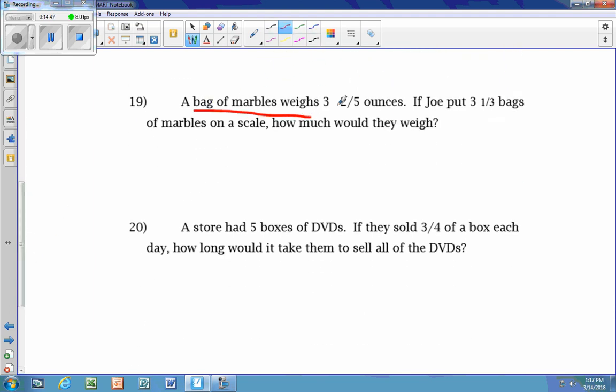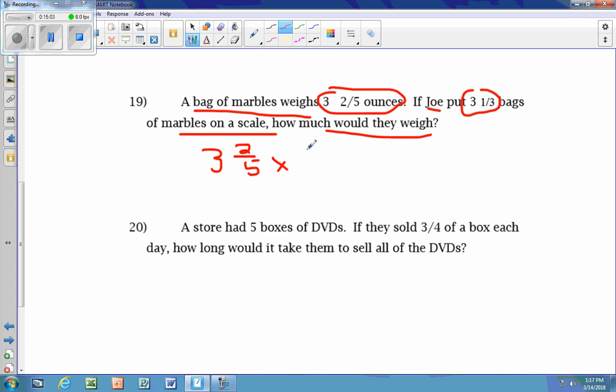And a bag of marbles weighs 3 2/5 ounces. Joe puts 3 1/3 bags of marbles on the scale. How much do they weigh? So this is for 1, but Joe has decided he's going to put this on there. I have to change both of these to improper fractions first.